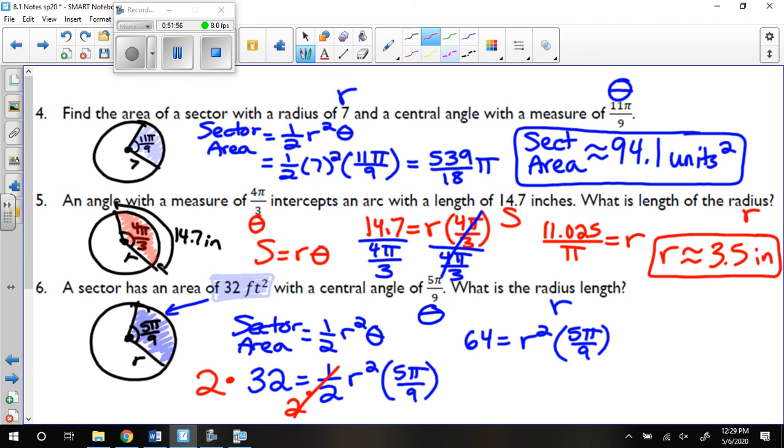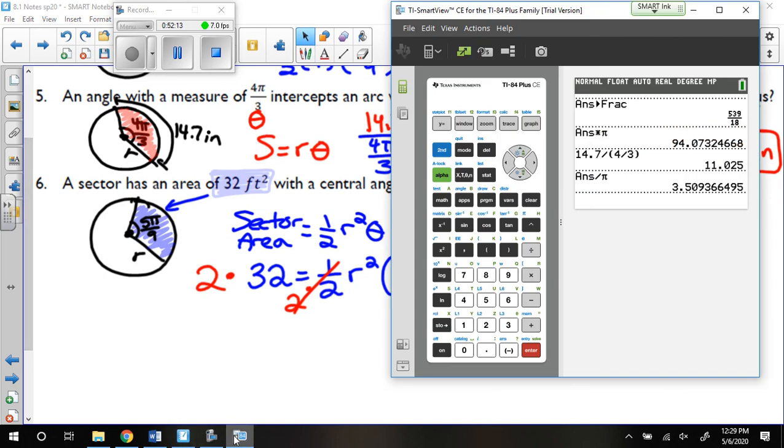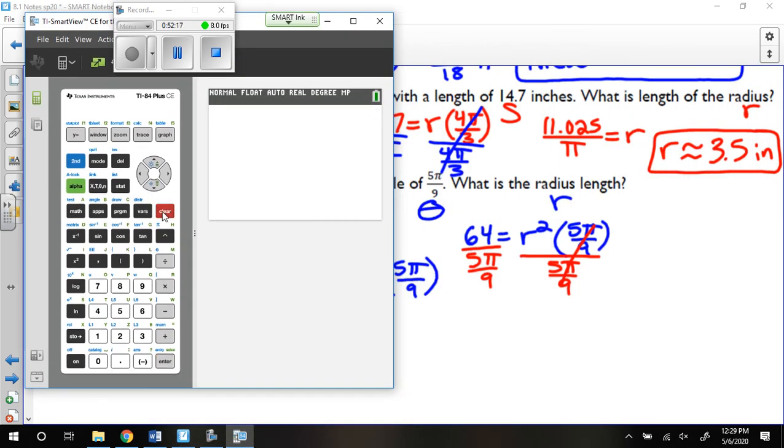Okay, and then I'm going to divide by 5 pi over 9. Now I'm actually just going to divide by the 5/9, just like I did in the last problem. Okay, I'm doing 64 divided by 5/9.